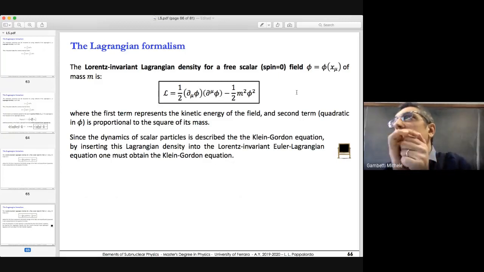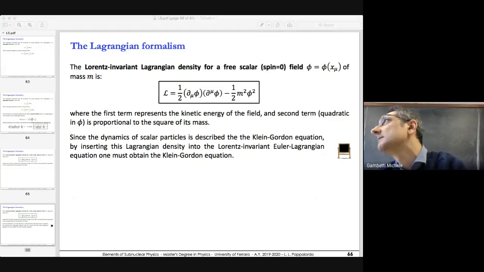But we know already that the dynamics of a free scalar particle is described by the Klein-Gordon equation. So what we expect is that if we insert this Lagrangian density into the Lorentz invariant Euler-Lagrange equation, we should obtain back the Klein-Gordon equation. Let's now try to show this.